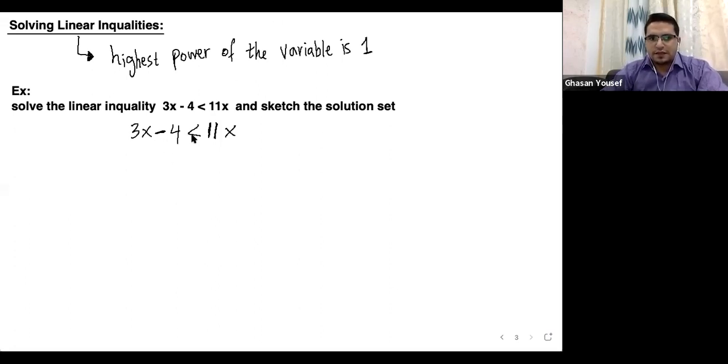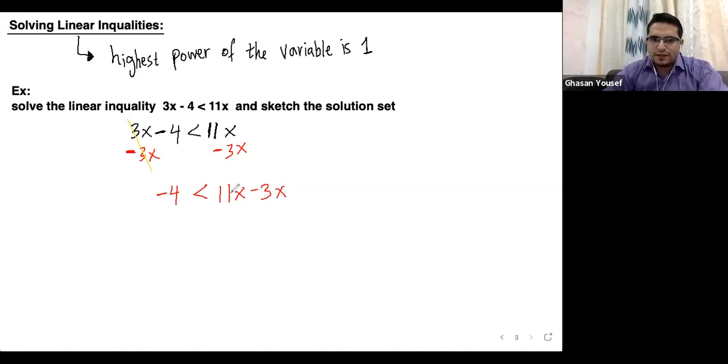Here I have 3x minus 4 less than 11x. Michael said subtract 3x from both sides. This is correct. 3x minus 3x will cancel out, and now I will get minus 4 less than 11x minus 3x.